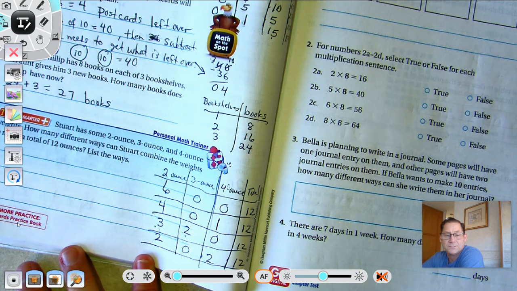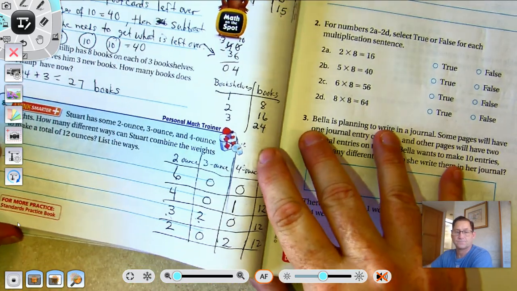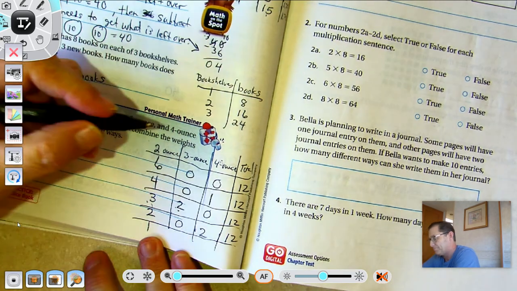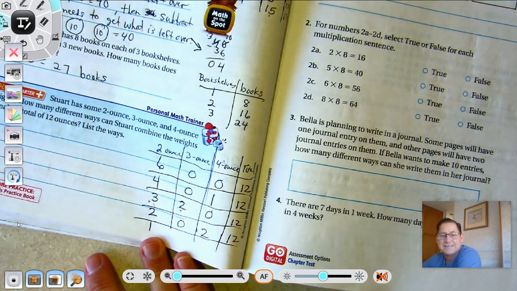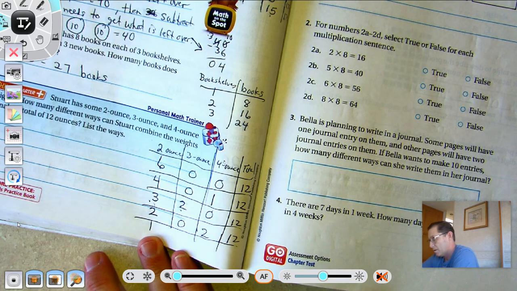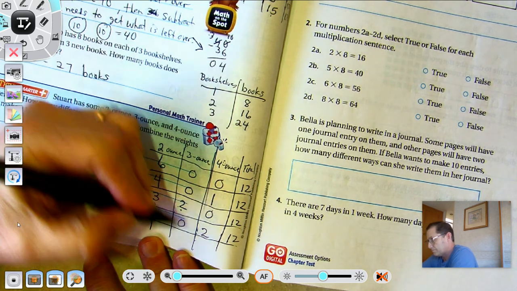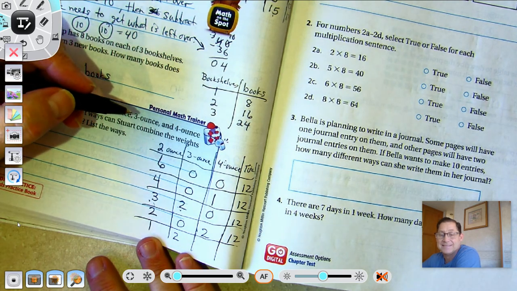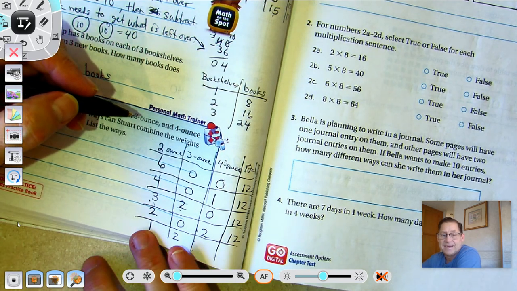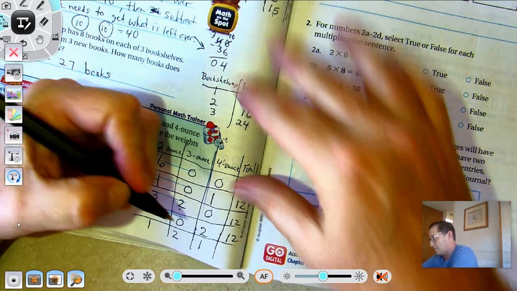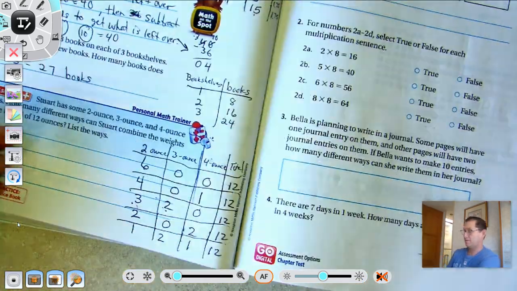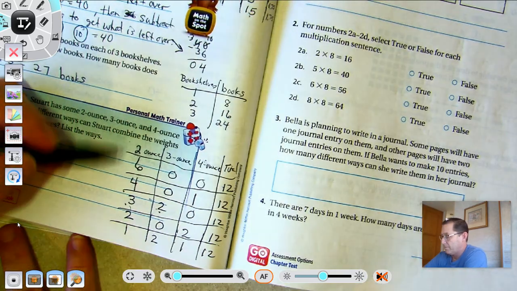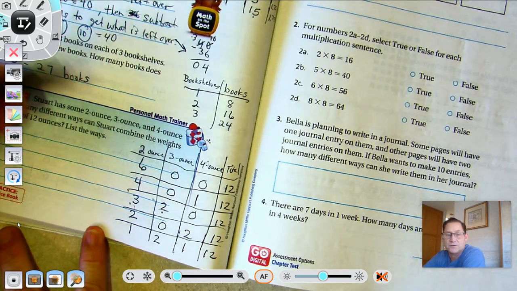Okay, can we have 1 2-ounce? Yeah, I believe we can. 1 2-ounce would leave me 10 more. Well, if I have 2 3-ounces, that'd be 6, 7, 8. I would need 1 4-ounce. So that's all the possibilities with 2 ounces. Can I have just 3-ounce weights?